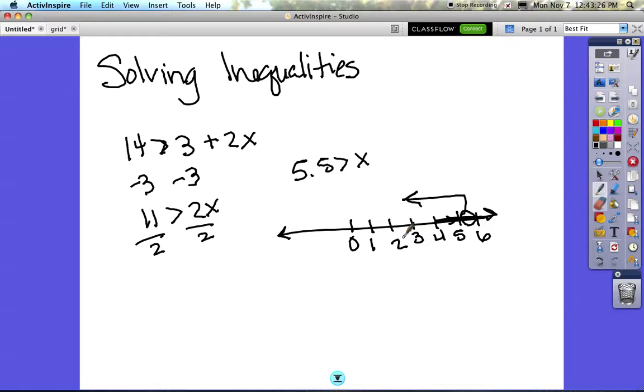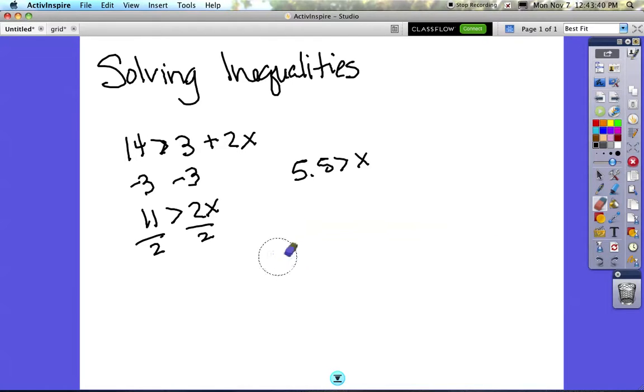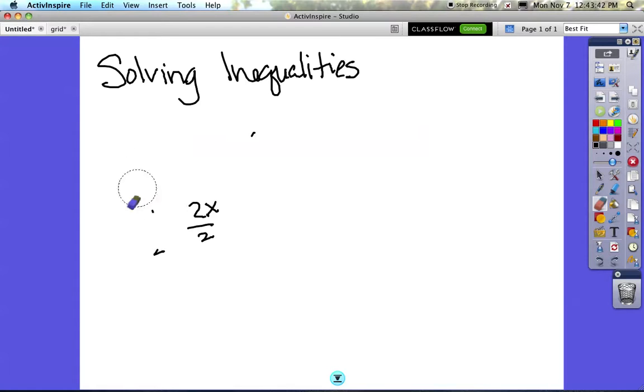So you have to look at it from the perspective of the x with the inequality. Now, there's one major difference about inequalities and equations. Write this down. This is extremely important.